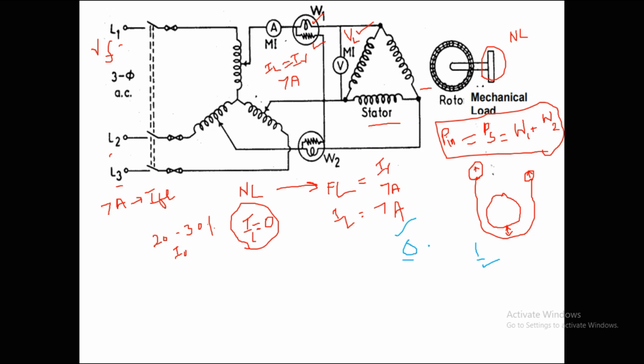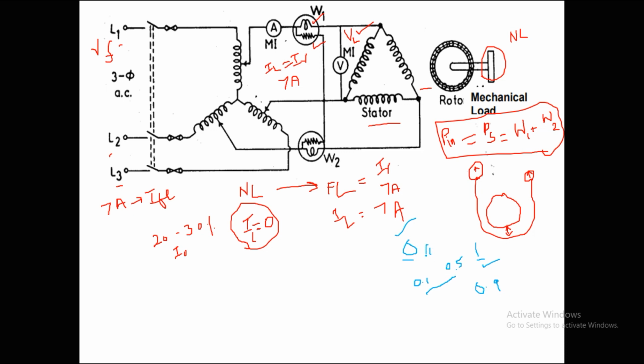So the power factor range is from 0.1 to 0.9. And in no load condition, the value of power factor will be less than 0.5. So between 0.1 and 0.5 we can expect at the time of no load condition.